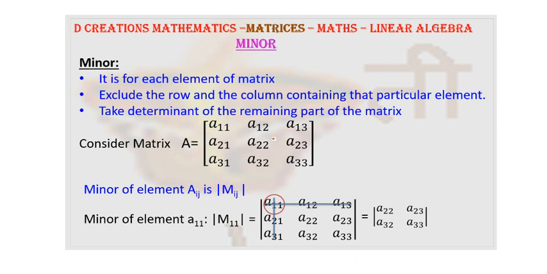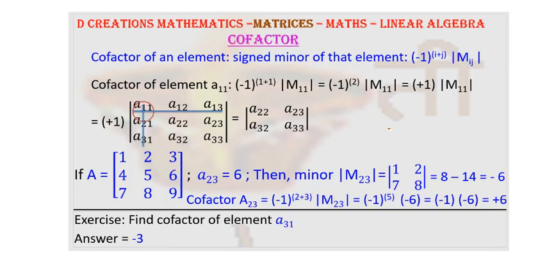Now what is a cofactor? A cofactor is basically a signed minor. That means after taking the determinant, you need to assign a sign to it. And how is it assigned? That sign comes from minus 1 raised to i plus j. So i is the number for the row and j is the number for the column.